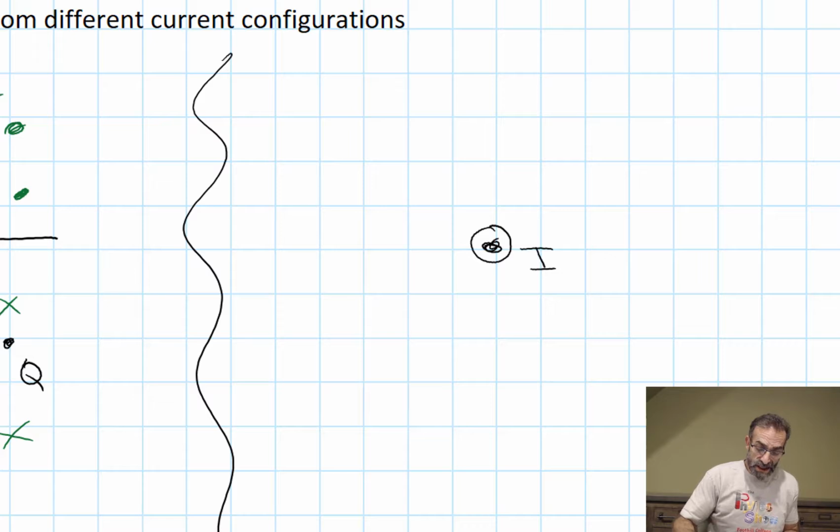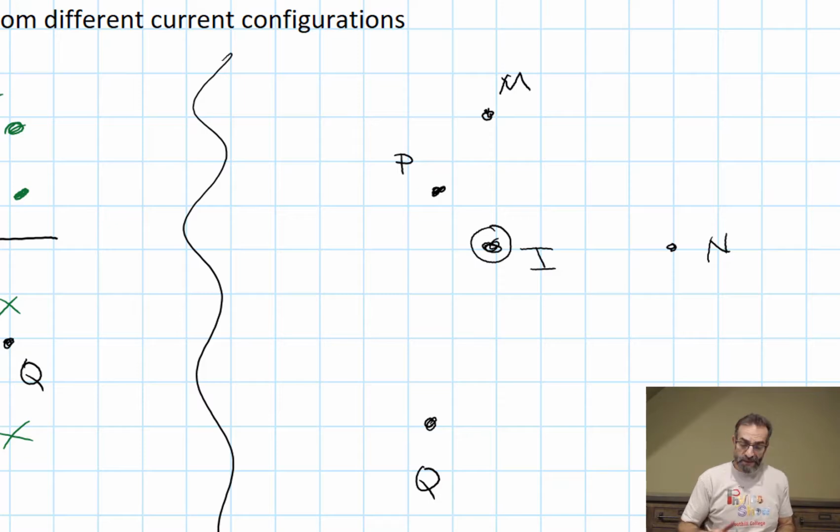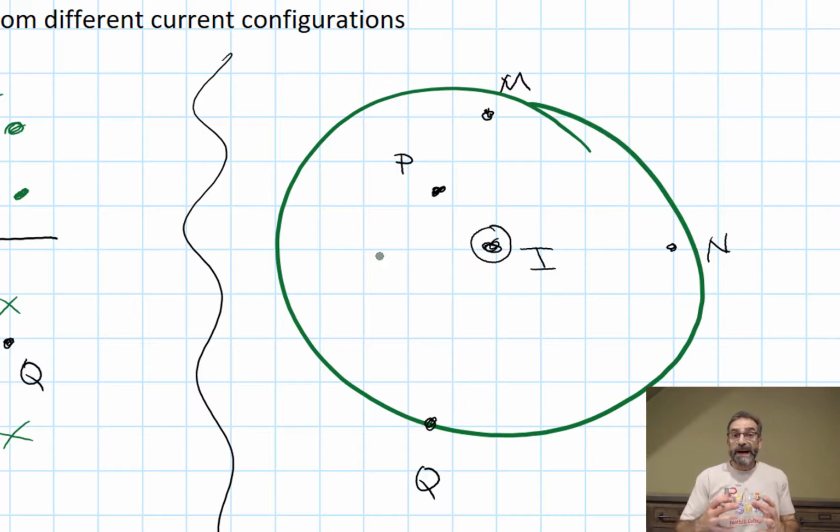And I want to know what's the magnetic field at point M, and maybe over here at N, and over here at P, and over here at Q. I put my right thumb in the direction of the current, and it tells me that the magnetic field curls around counterclockwise, because you have to know already that the magnetic field is going to form a circle around the wire. The question is, which direction does the magnetic field point?